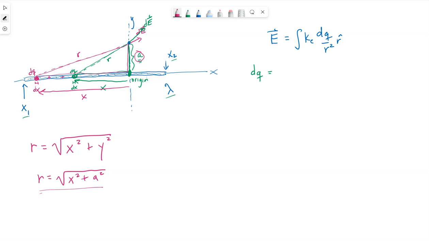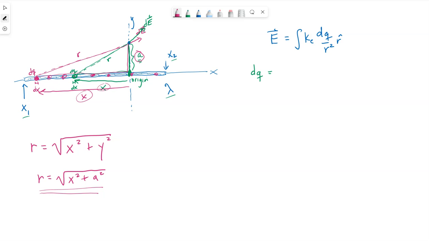R is changing. R is different for every piece of charge, but it's different because this horizontal distance is different. The vertical distance is not changing. So this is telling me that my variable is x. That is the variable that's changing as I look at all of these different pieces of charge. That x distance is changing.